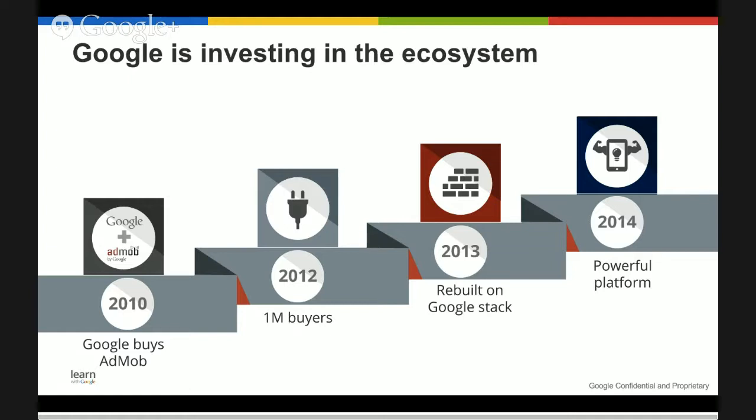In 2012, we reached 1 million buyers. We built the whole product on Google Stack in 2013, and in 2014, we achieved our goal of creating a full 360-degree platform that can help you promote your app, monetize your app, and analyze your traffic.